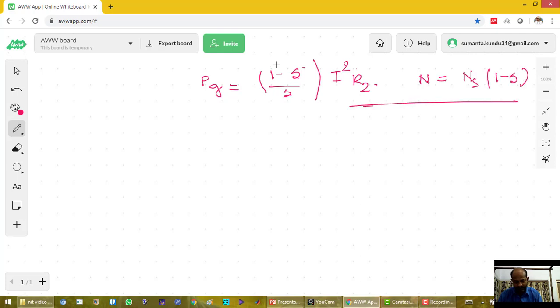Now I put this value of N in the torque equation.